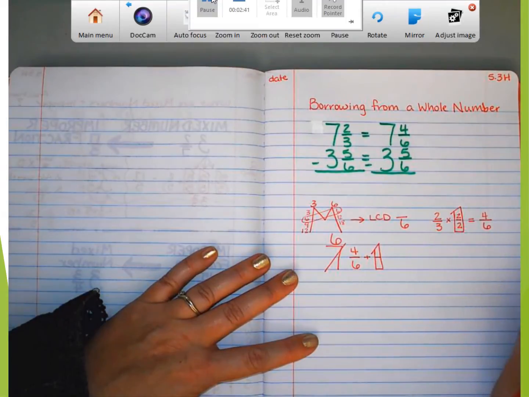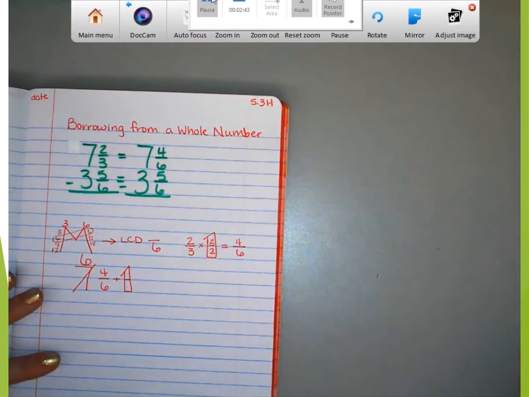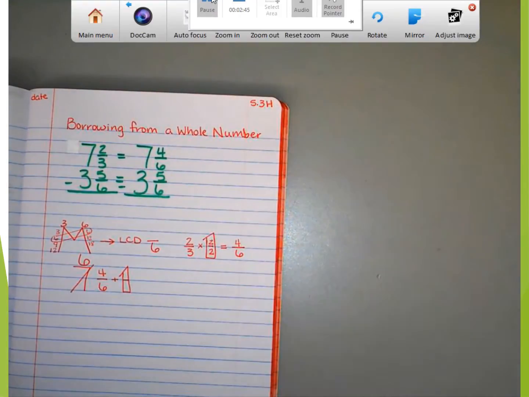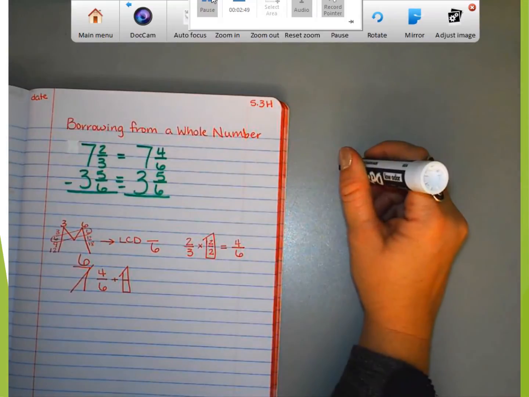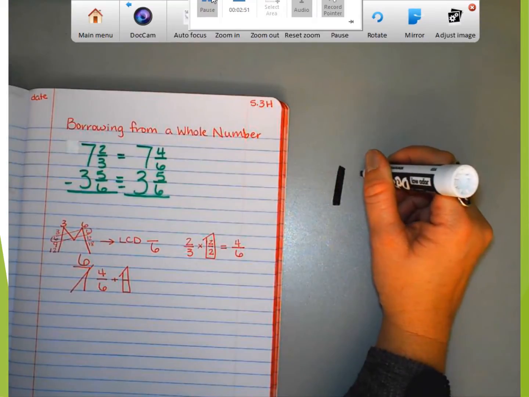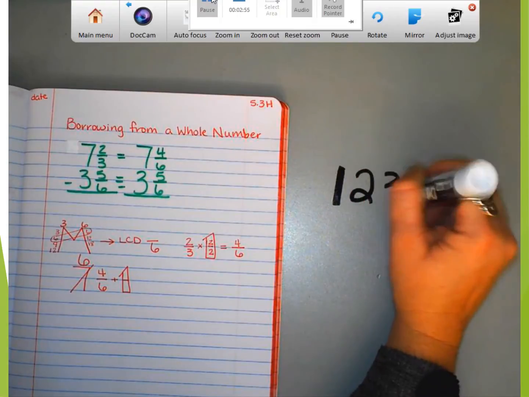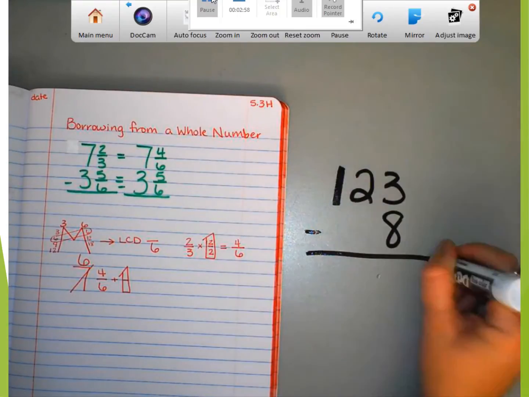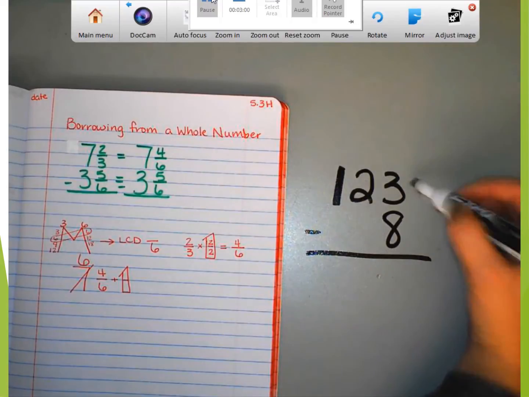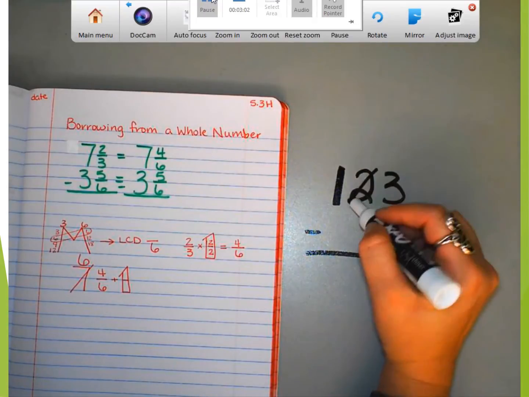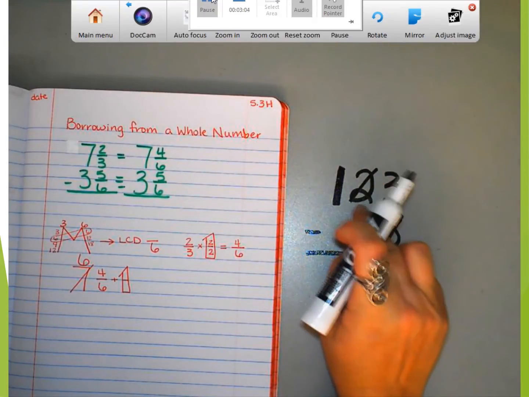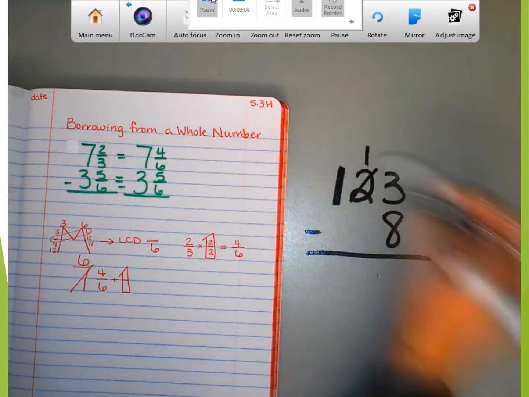I want you to think about it for a minute. When you would subtract before, say you had 123 and you were subtracting 8. When you're borrowing from that, because 3 won't subtract 8, you come over here, you're borrowing a 10 from here. That leaves you 1 ten there.